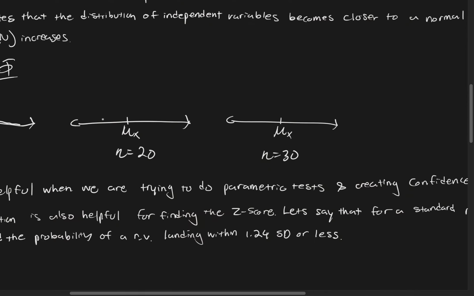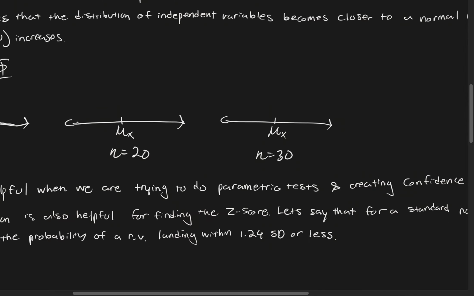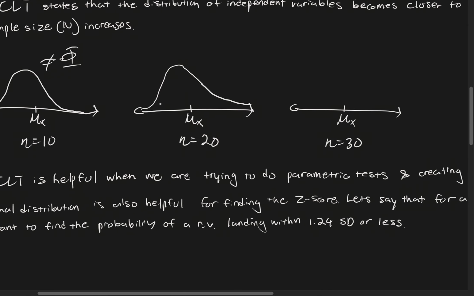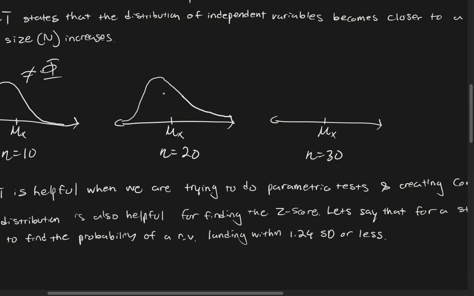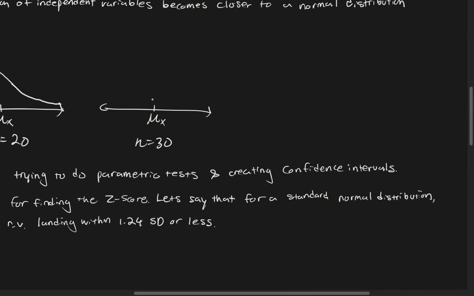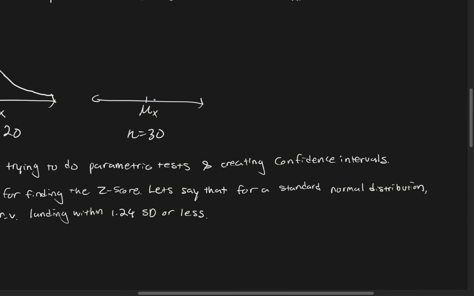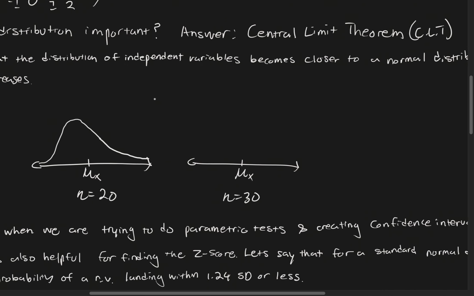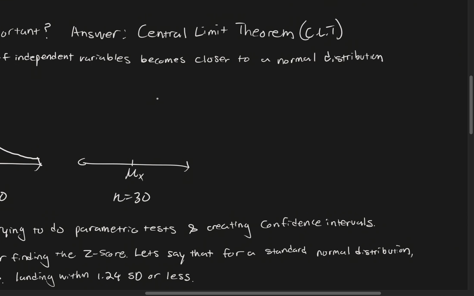If we use a slightly larger sample size, we might get something like this. Maybe a little closer to the normal distribution, but still not the most symmetrical. And then if we use a larger sample size, I use 30 because typically 30 is the cutoff of whether we can actually use a normal distribution for the central limit theorem.